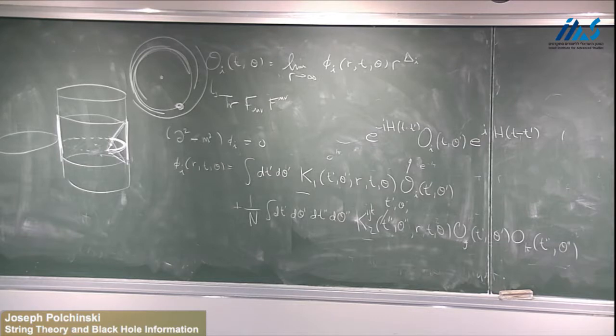For finite N CFT, is there any explanation of how this bulk operator is supposed to obey causality?